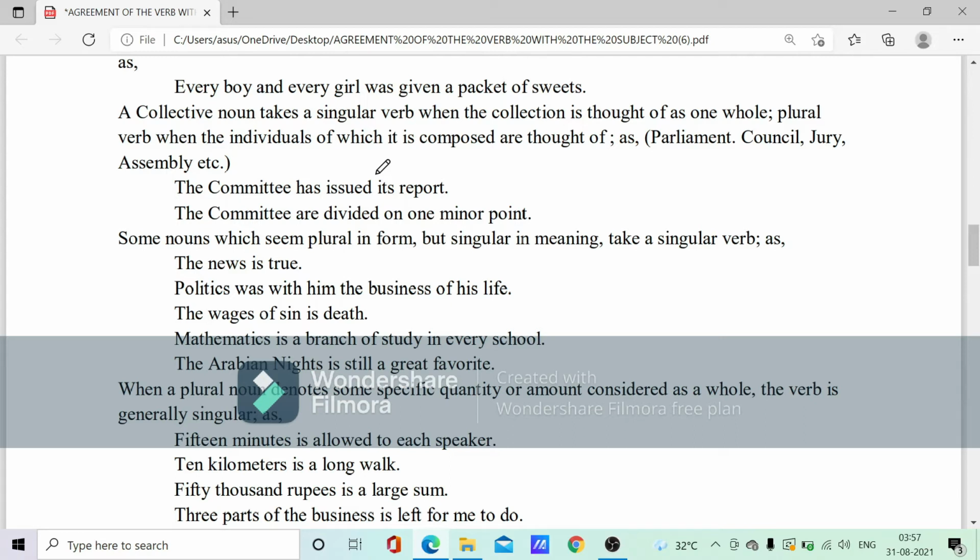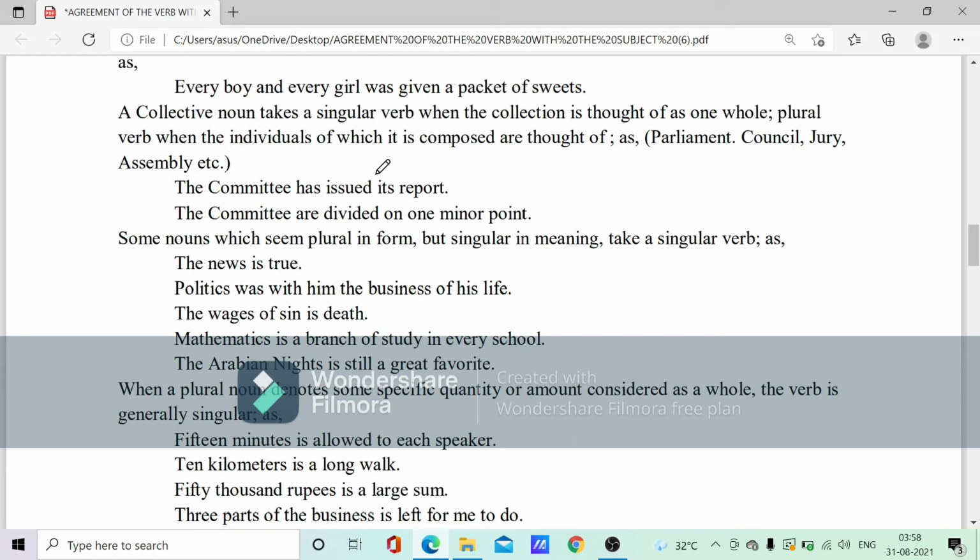Putting it simply, when you find a collective noun and it is taken as a whole, then you have to apply a singular verb. But when you find a collective noun and there are some differences, and you are unable to put them together as a whole, then you have to apply a plural verb.